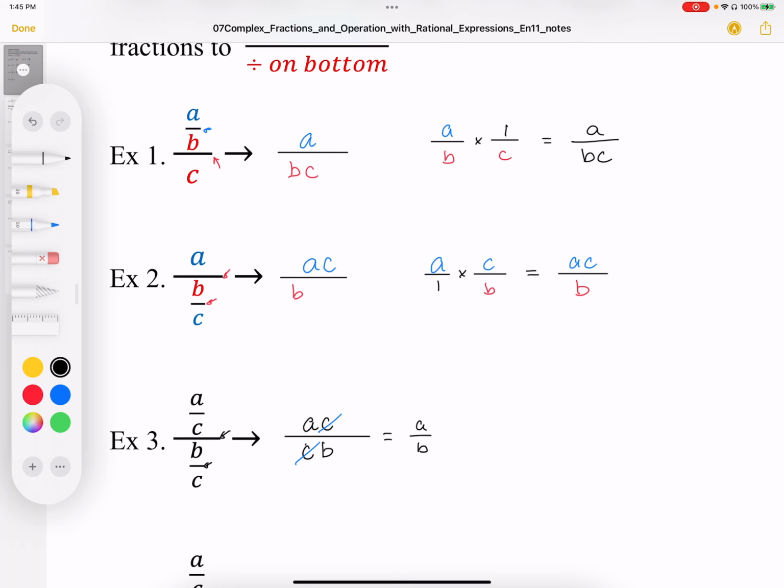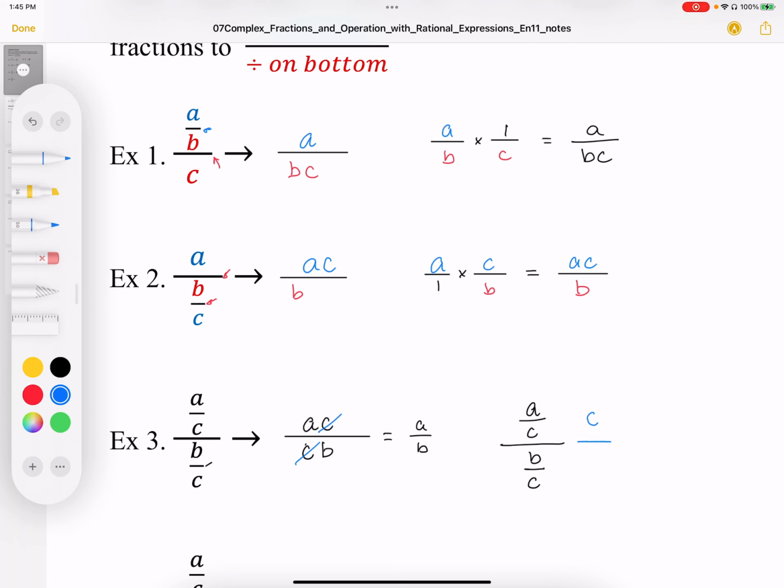Okay, so there's lots of strategies here. If you recognize this, we can actually just cancel those out, and we end up with A over B that way. Another way to justify this, and this is a different and very useful strategy, is I start with A over C, over my main divisor, B over C, and what I can do is clear out the divides with a multiply in the numerator and a multiply in the denominator.